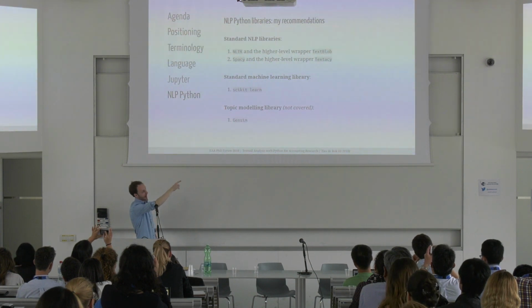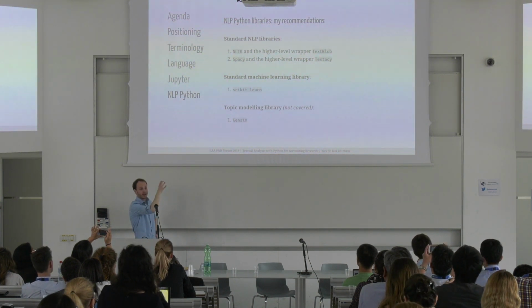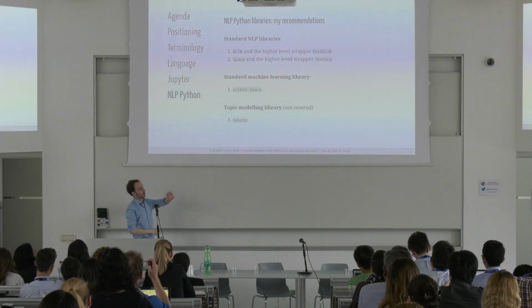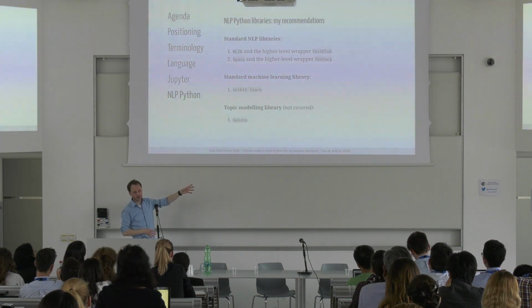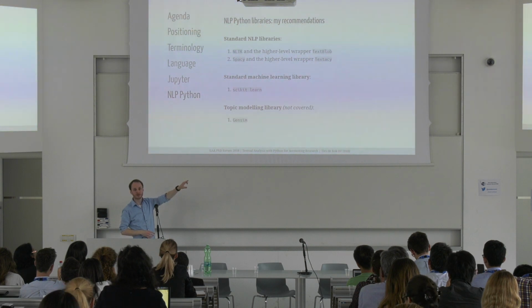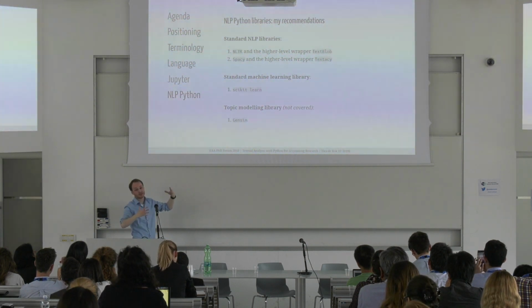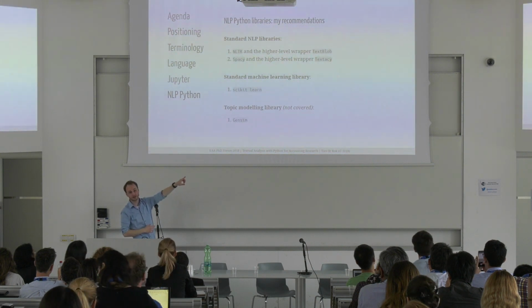The NLTK package has been around for a long time. It has strong academic support, but it can be a little bit hard to use. So there is a higher level wrapper that puts some of these functions in easier to use functions, but it's the same thing, and that's the TextBlob package.